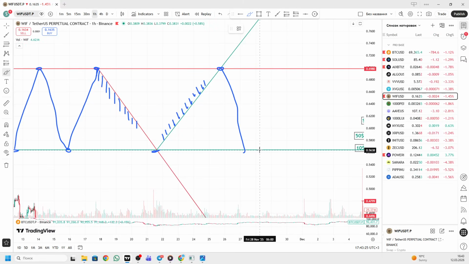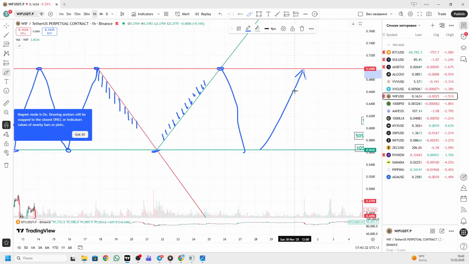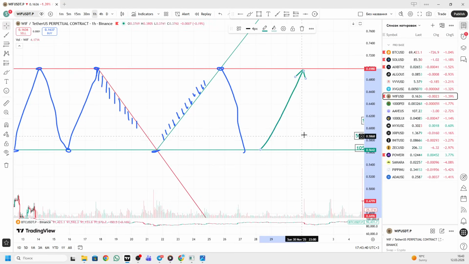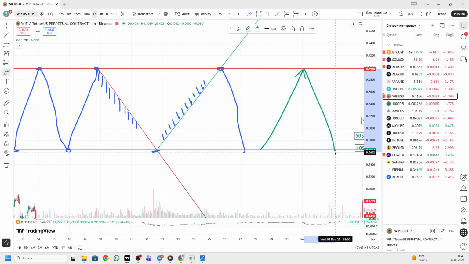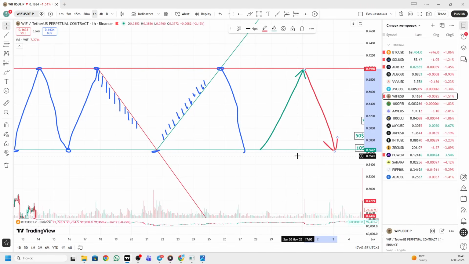So we have trend up, let's do like this, it's green, and we have movement down. Okay, like this.